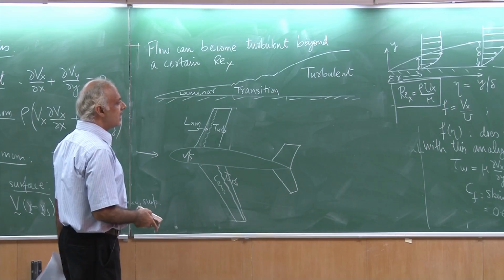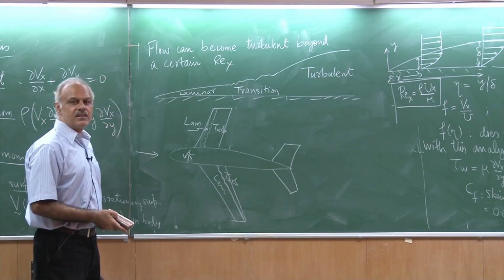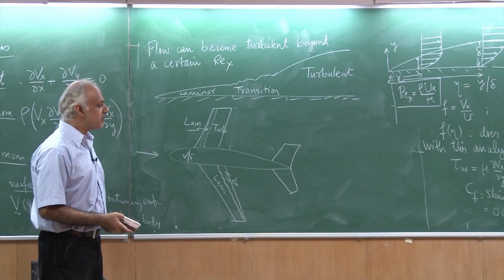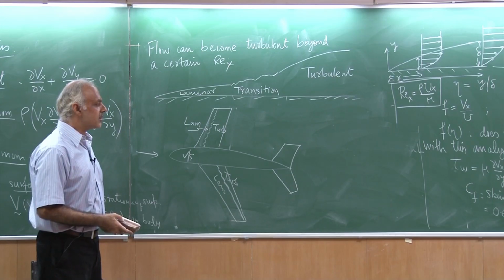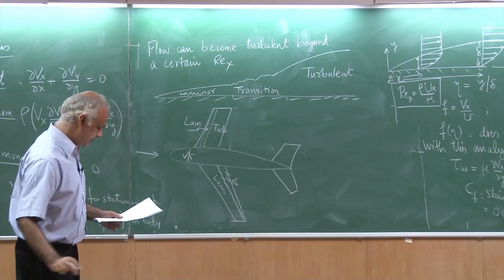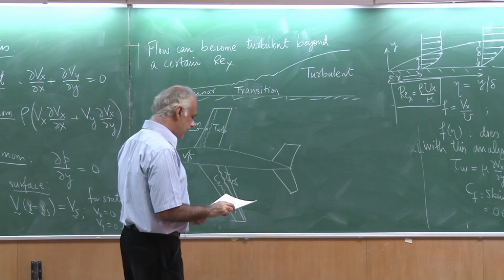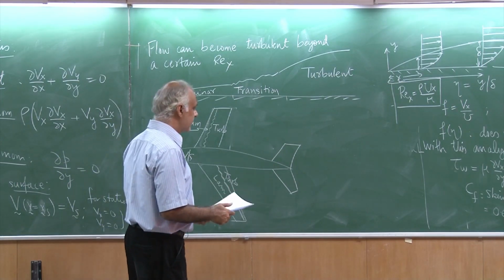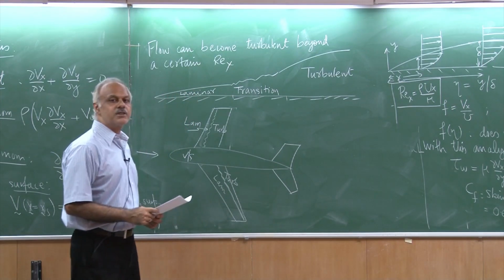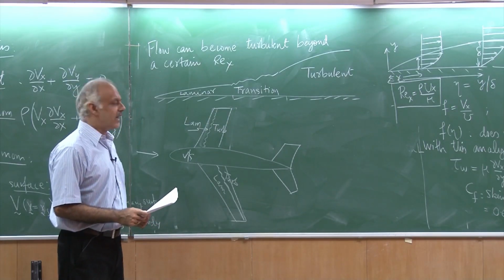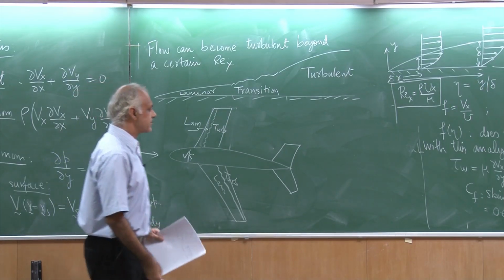Okay, so let's talk very briefly about the drag coefficient that one would expect for a turbulent flow past a plate. I'm not going to give you too many details, but I'll just show you a possible velocity profile and then give you some expressions.